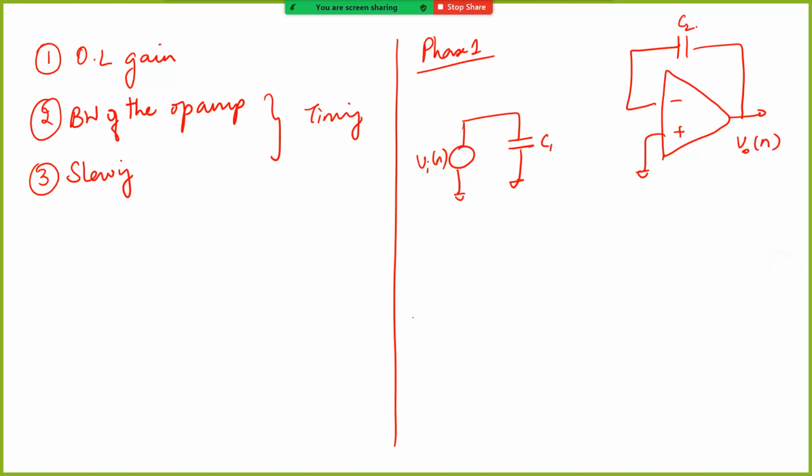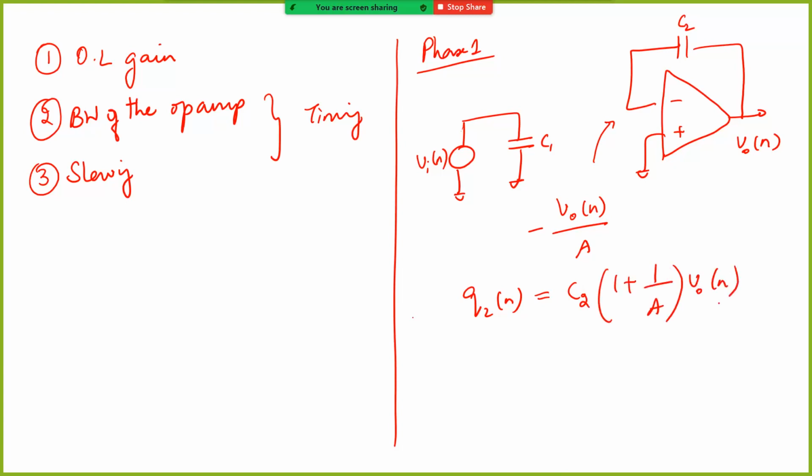Now, because of the finite open loop gain of the op amp, the voltage at this node is going to be minus V naught of n by A. And therefore, Q2 of n, the charge on C2, can be written as C2 into 1 plus 1 by A times V naught of n.